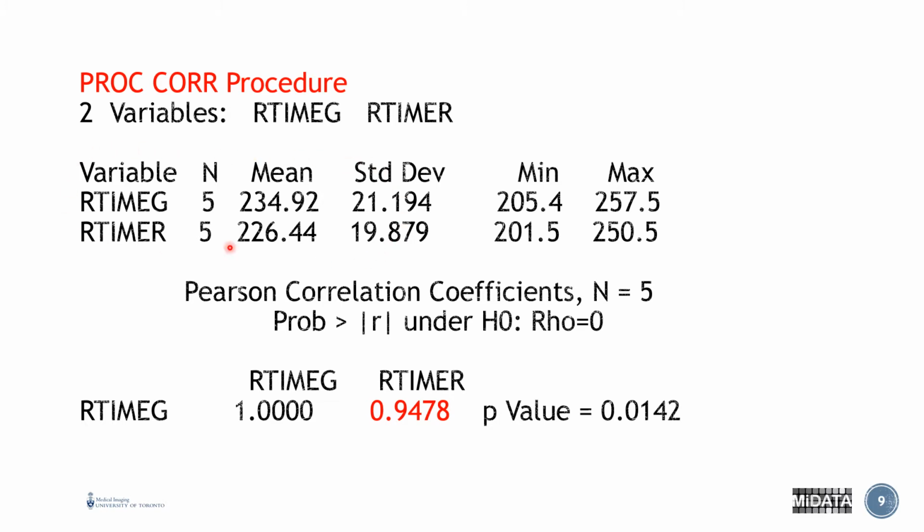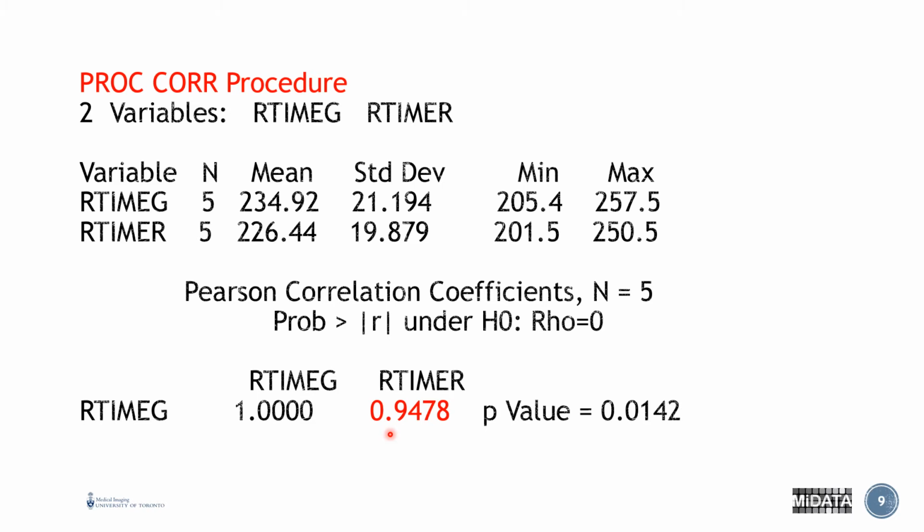What it does immediately is it gives you your simple summary statistics. We already have those. Perfect. But then when we look at the output here for Pearson Correlation coefficient for reaction time green versus reaction time red, the R value is 0.9478.